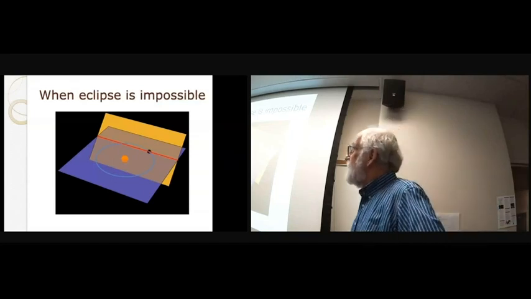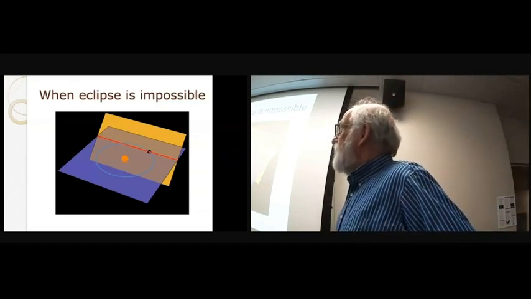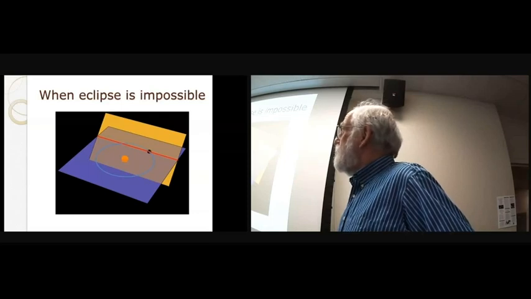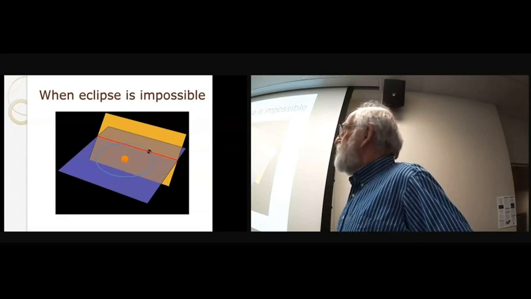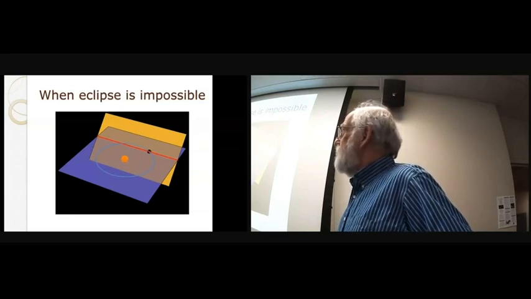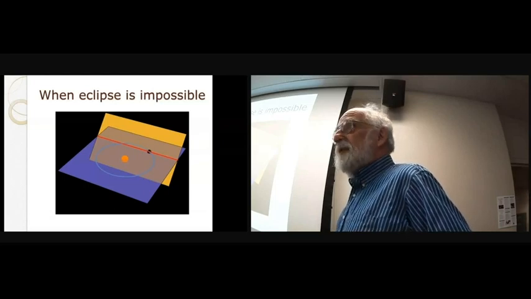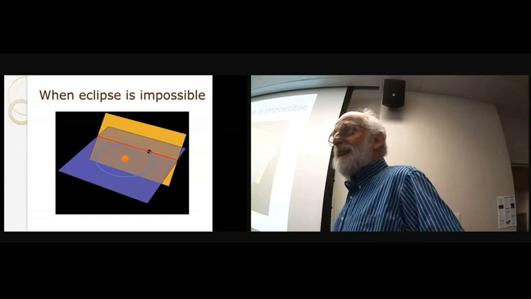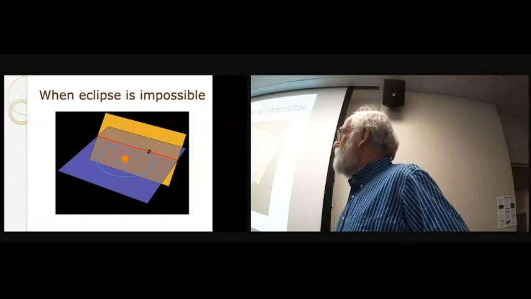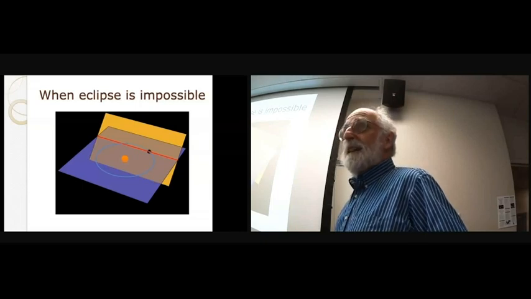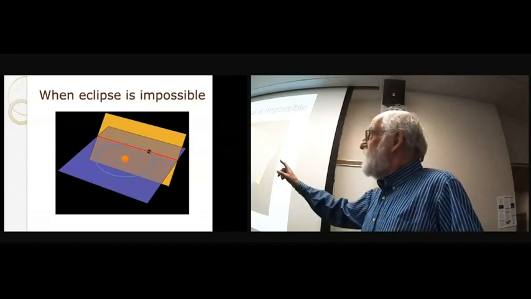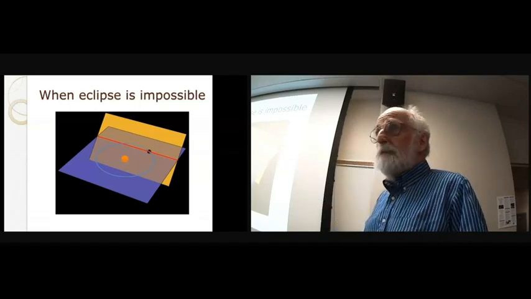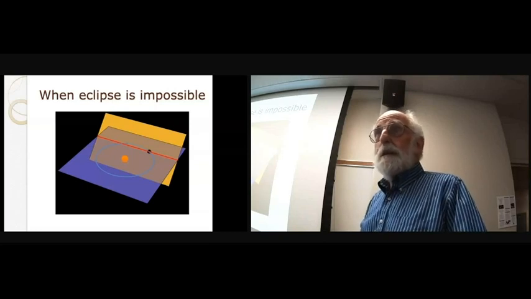So this picture says there isn't going to be an eclipse, because if there was a line containing all three objects, then that line would have to lie in both planes, because any 2 points determine a line lying in every plane that contains those objects. So, as long as the sun does not lie in the intersection of those two planes, there can't be an eclipse.